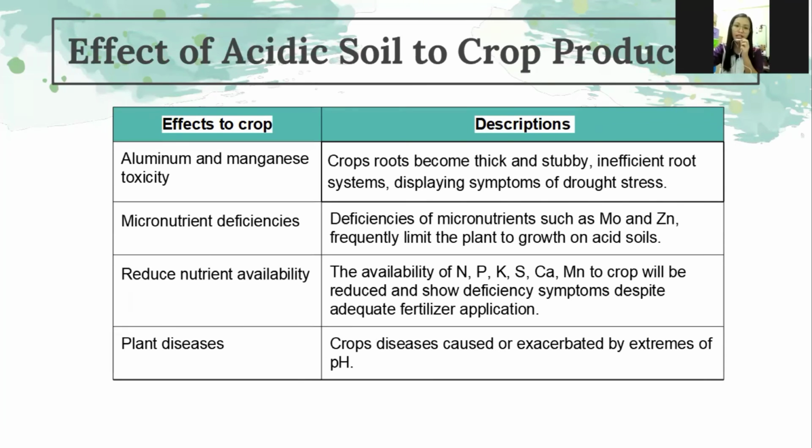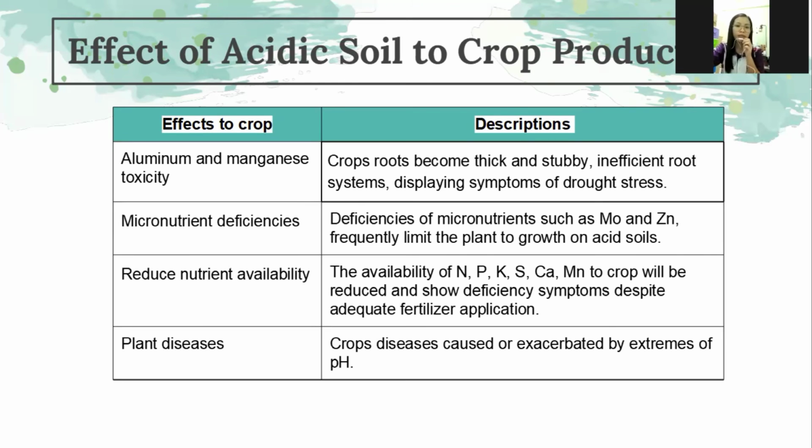And the second is micronutrient deficiencies. Deficiencies of micronutrients such as molybdenum and zinc frequently limit plants growing on acid soils. And the third is reduced nutrient availability.